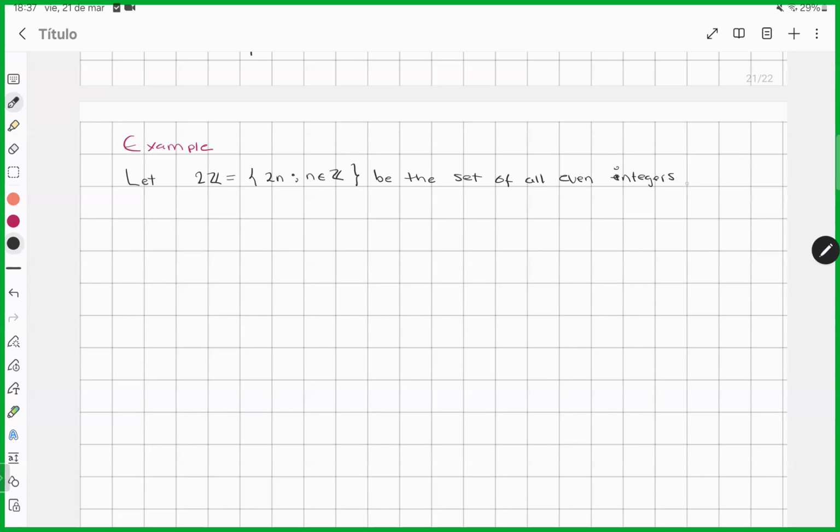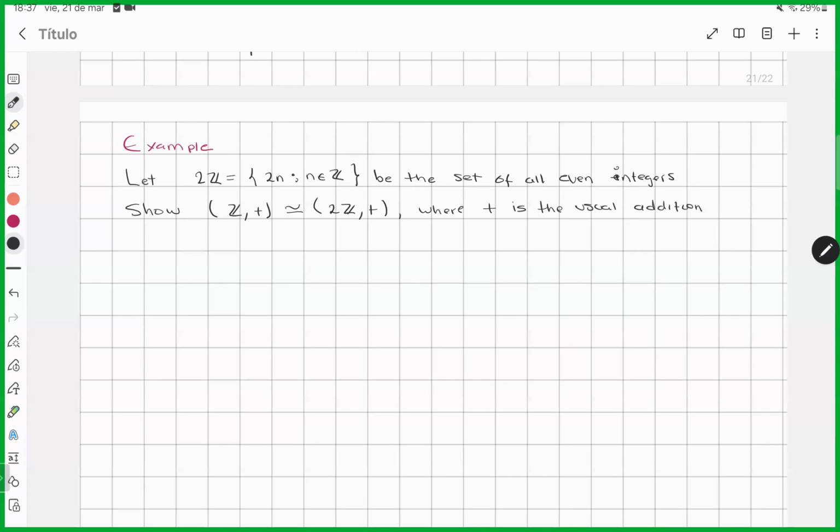Of course, positive, negative, and zero. Show that the set of integers with addition is isomorphic to the set of even integers with addition, where plus is the usual addition.